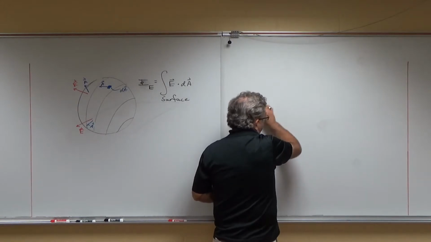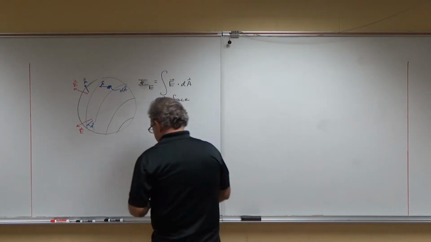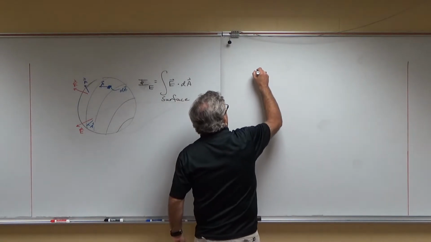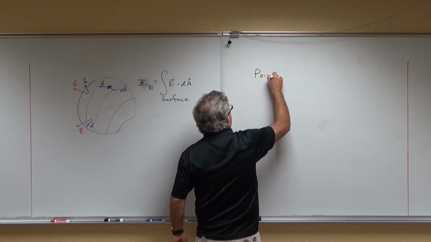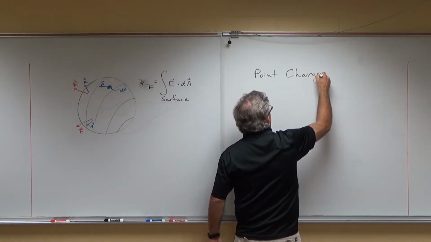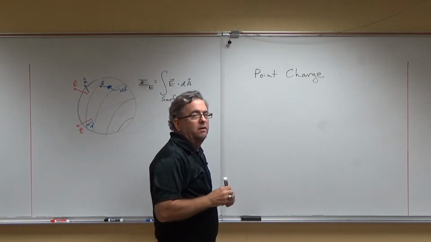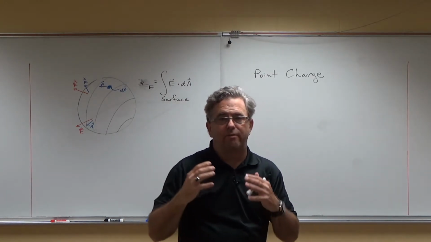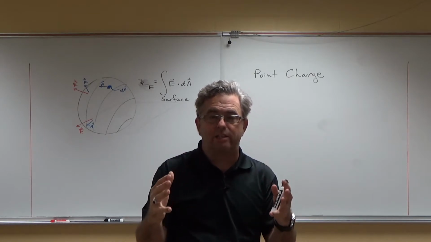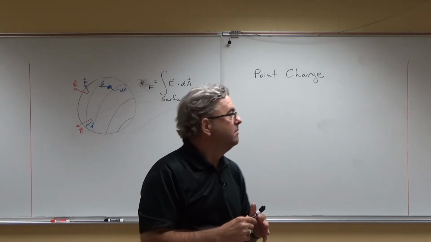So here's what I want to get to. Let us look at a point charge. I want to calculate the entire flux of a point charge. Point charges have nice spherical symmetry.